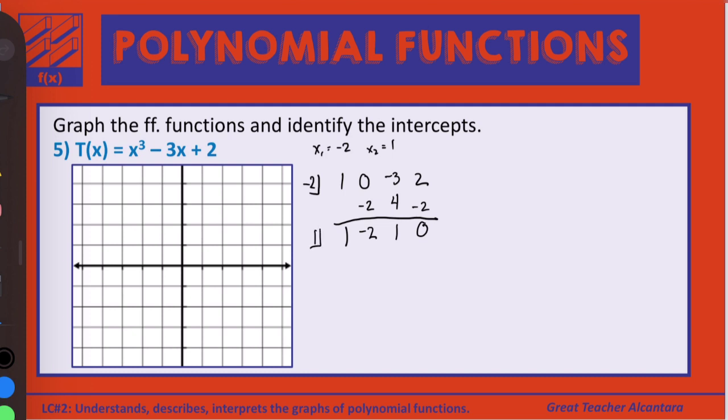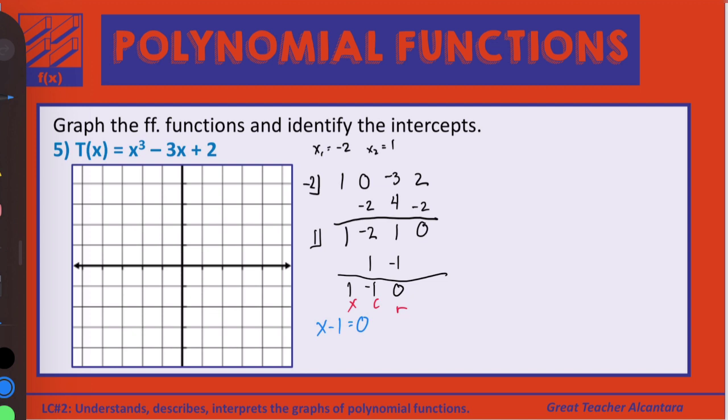So you'll have here 1 times 1, 1, -2 plus 1, -1, -1 times 1, -1, we get here a 0. So what's the meaning of 1, -1, 0? Always remember, the last term is the remainder, followed by the constant, and then the x. So this one will become x minus 1 equal to 0.